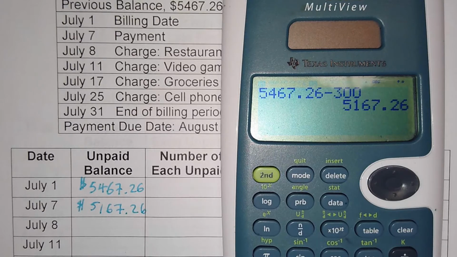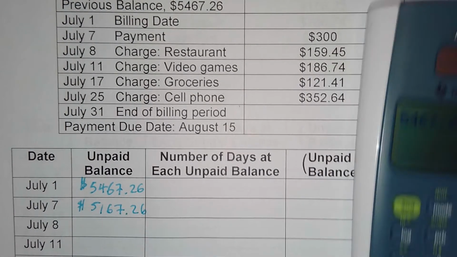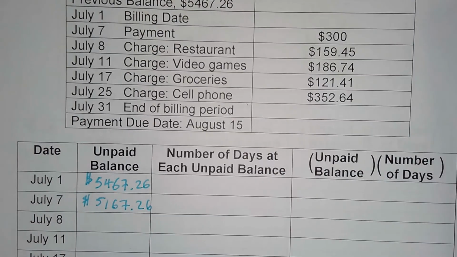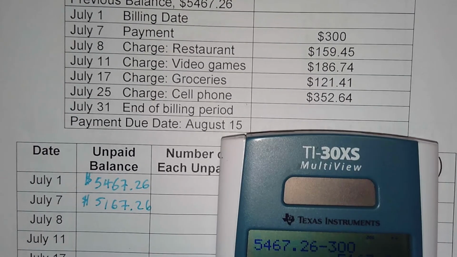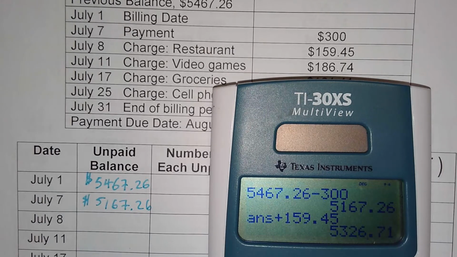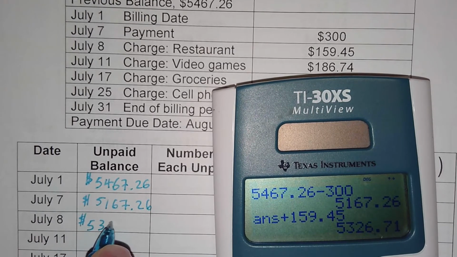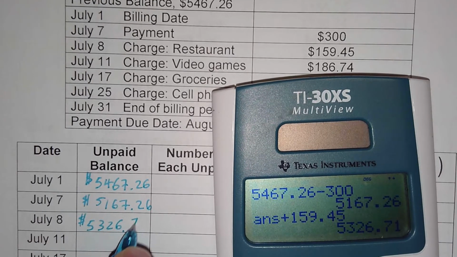And then on July 8th, there was a restaurant charge of $159.45, so that's going to be added to our balance. So now the balance on July 8th is $5,326.71.